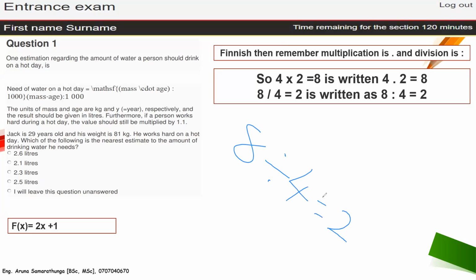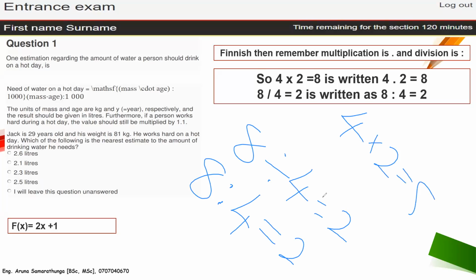In Finland, not only Finland, in the mathematical world, we represent division like this, with a double dot. And 4 multiplied by 2 equals 8 we also represent like that. So you have to remember these two.